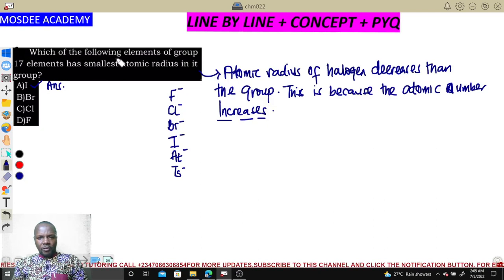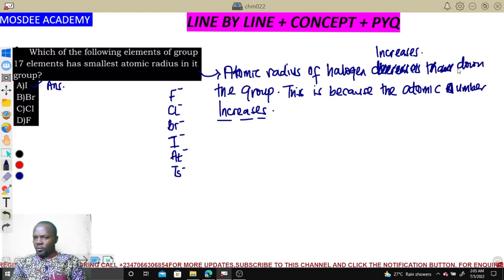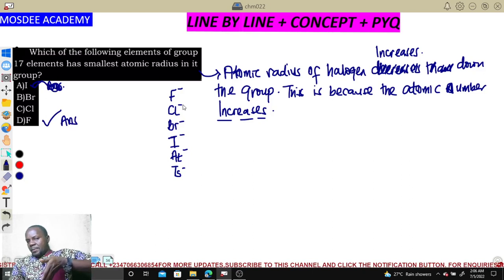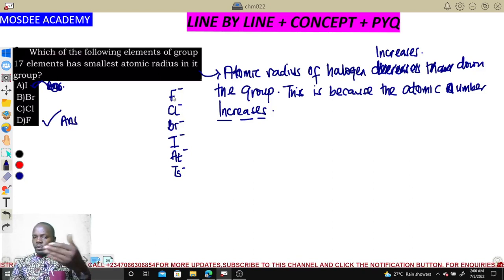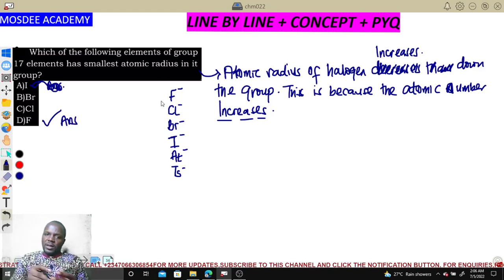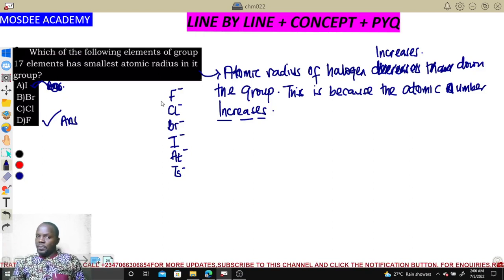Atomic radius increases down the group because of the increase in atomic number. So if it increases, we are looking for the smallest one. The smallest one will be fluorine. Apologies about that. That is why you need to be careful. This is something basic everybody knows. Because the size is increasing, you expect the atomic radius also to increase. Please keep that in mind.